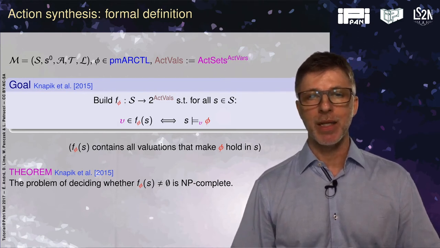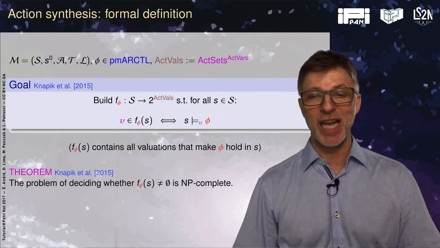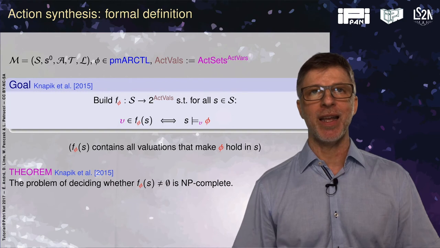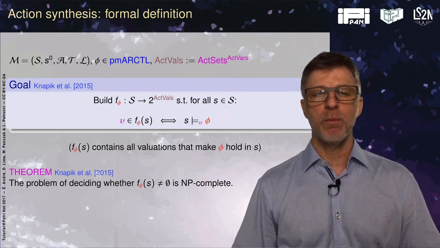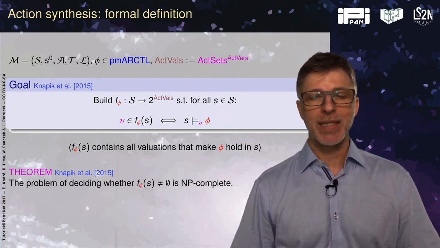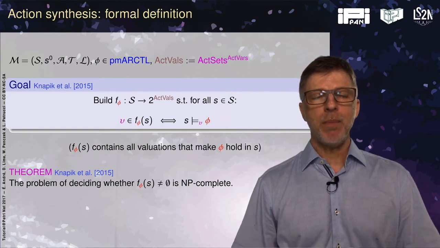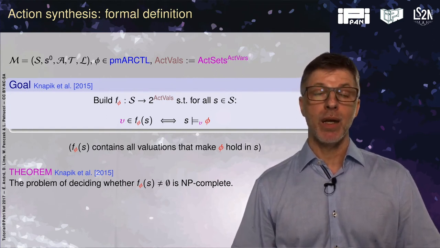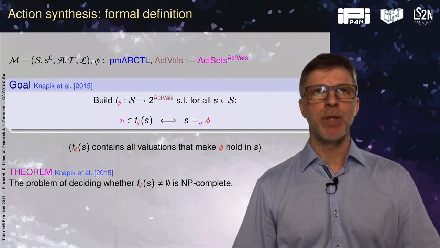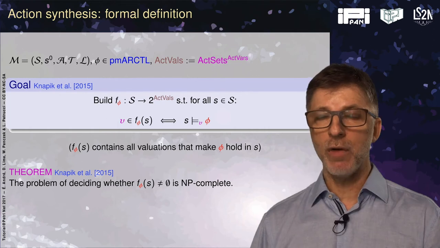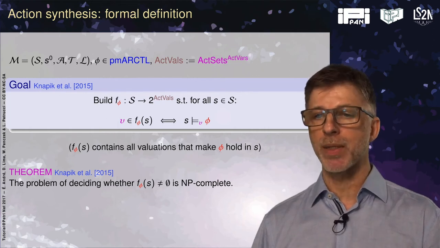So that means that as soon as we believe that NP is not equal to P, we cannot find an algorithm of polynomial complexity which can be used for solving that problem. So typically, if we are dealing with NP-complete problems, we use symbolic methods for solving them.